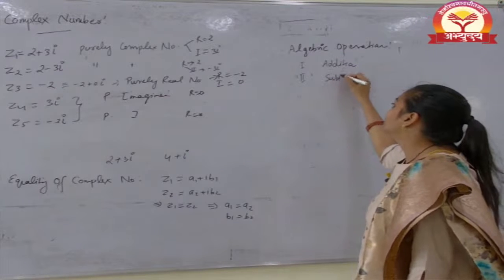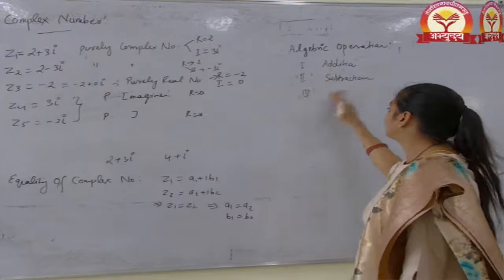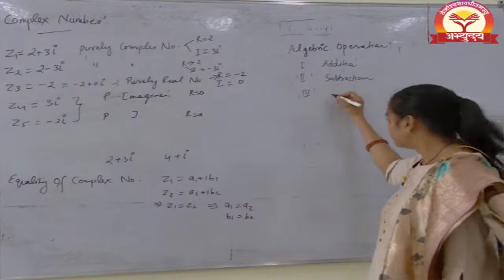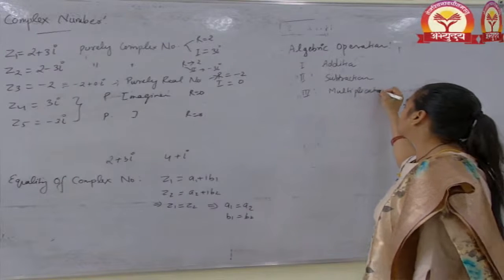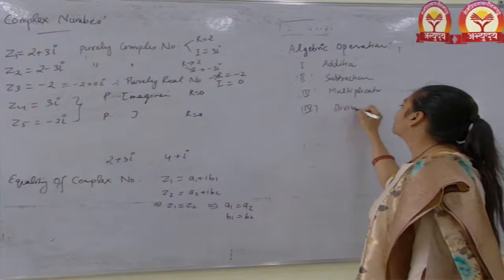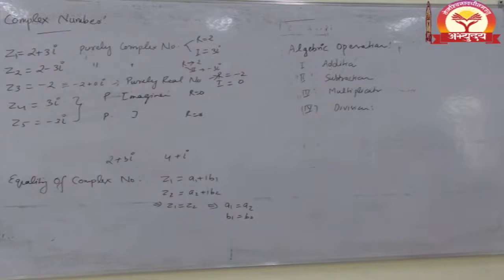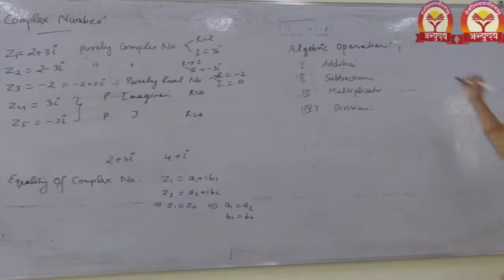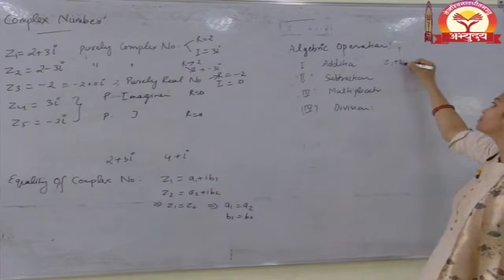subtraction. Number third, multiplication. Number four, division. Algebraic properties of a complex number are like the real number system. Addition means z1 and z2, then z1 plus z2.